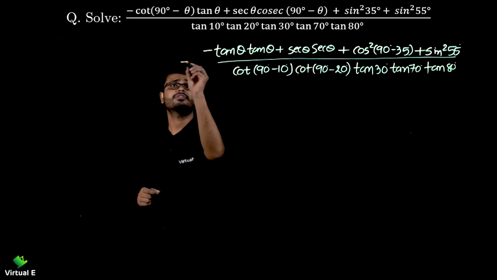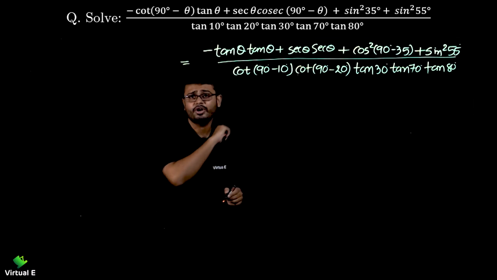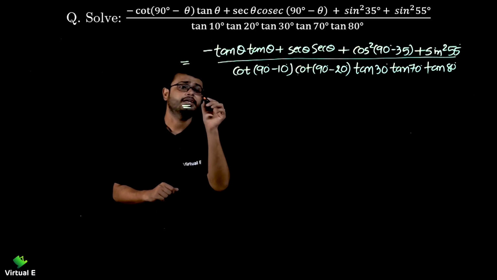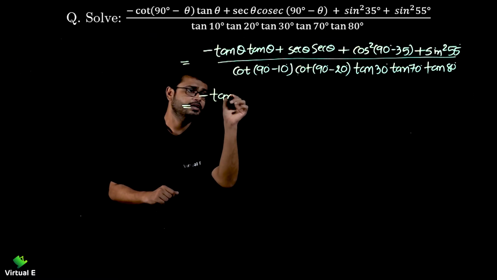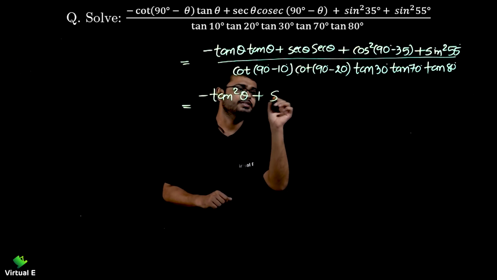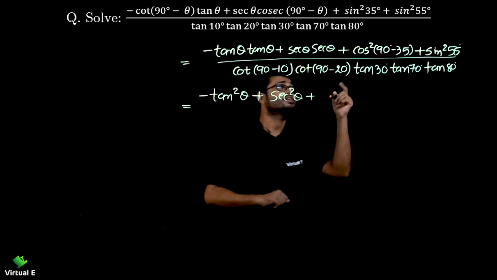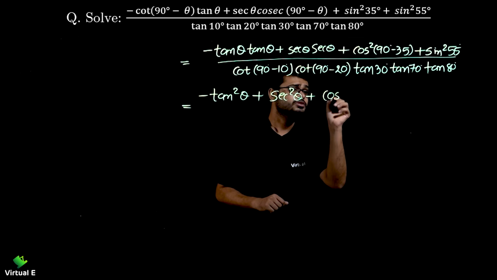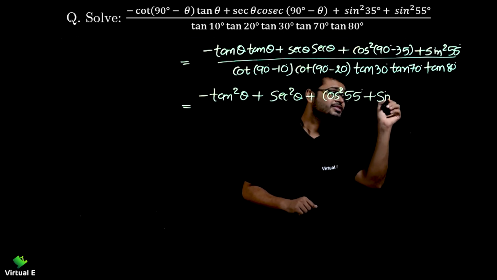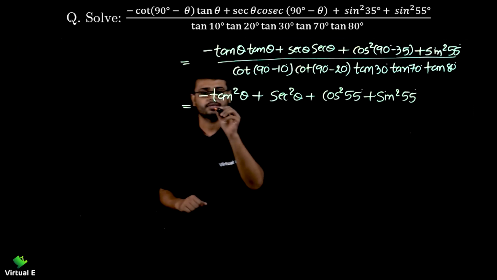Done? So I have used the complementary angle concept, almost done except the denominator. So here tan theta into tan theta, that is minus tan square theta. Okay, good. Plus sec theta into one more sec theta, that is sec square theta. Good. Then cos square 90 minus 35. What's the value? Cos square 55 degree plus sine square 55 degree. Very, very important concept here.